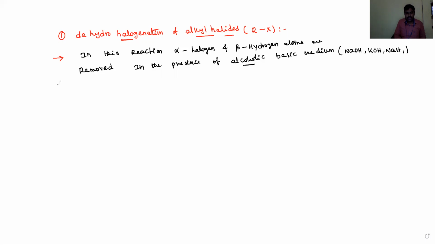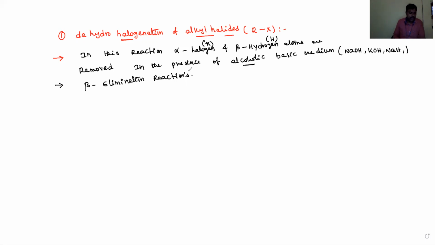In this reaction we remove the alpha halogen X and beta hydrogen atoms. That's why this kind of reaction is called a beta elimination reaction.